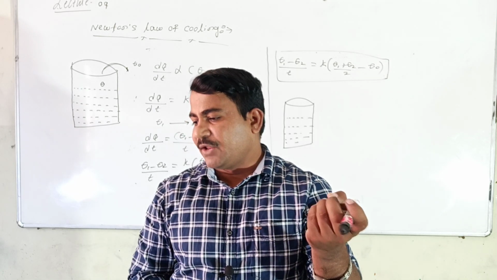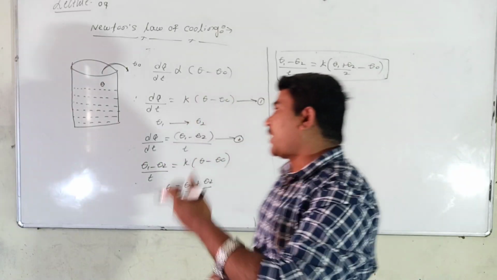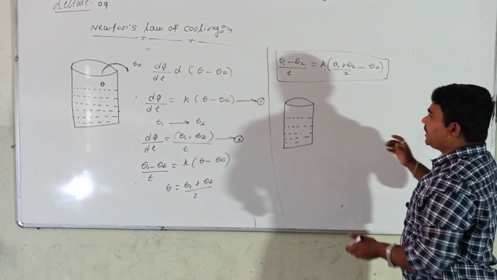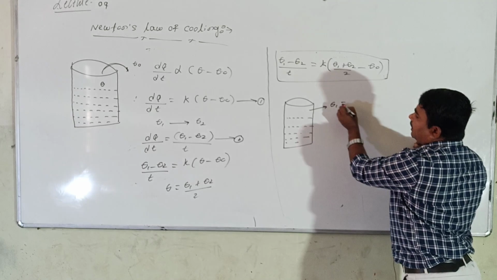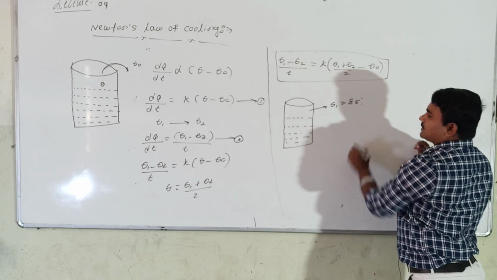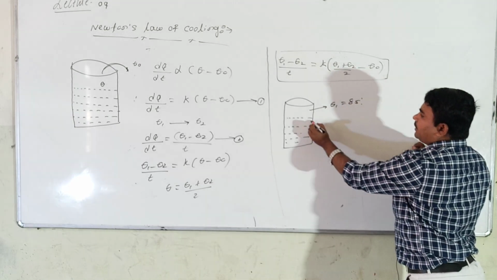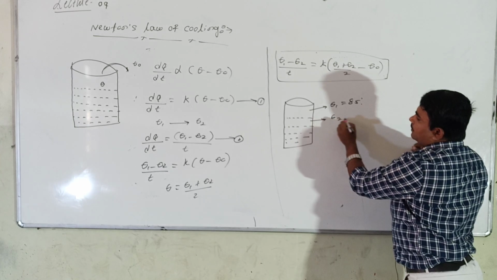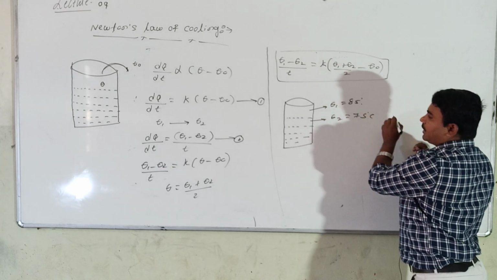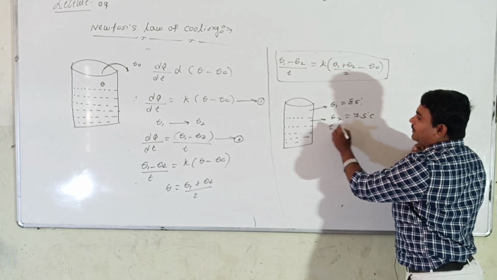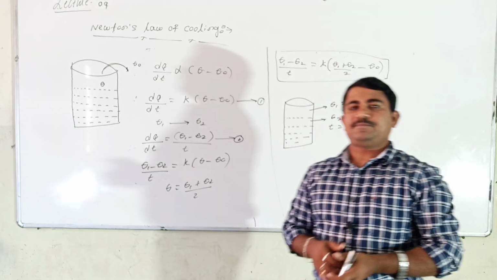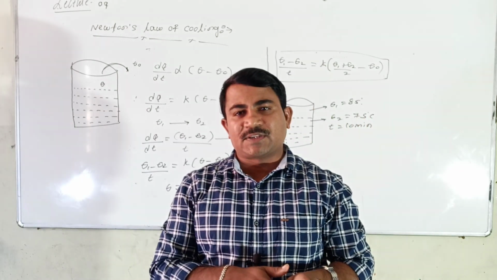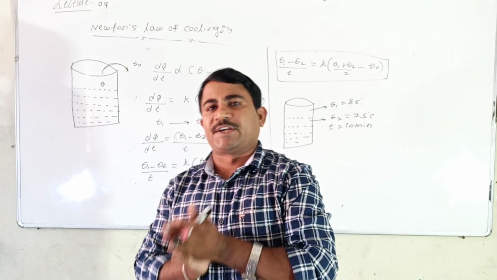Theta 1 is equal to 85 degrees Celsius, it cools to theta 2, 75 degrees Celsius, in an interval of 10 minutes.